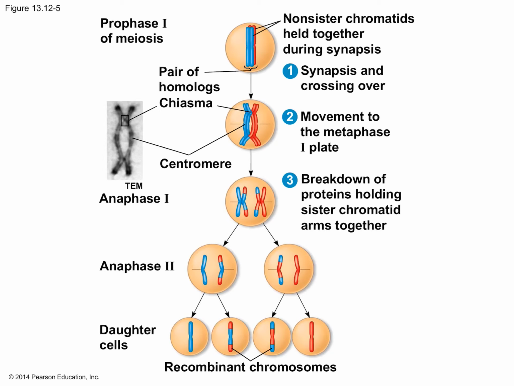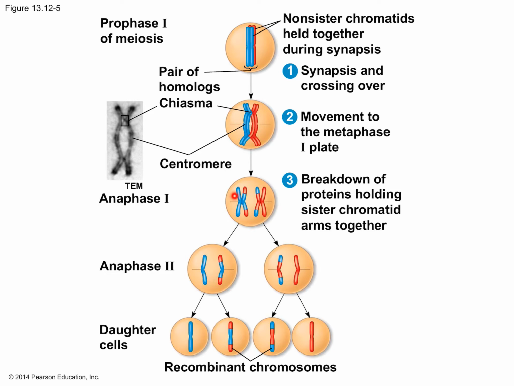This is showing you crossing over. We start off with 2 replicated chromosomes, each consisting of 2 sister chromatids. During synapsis, they line up, and crossing over begins between the 2 innermost chromatids. This is an electron microscope view of chiasmata, actually 2 of them, the crossover points. Once they separate, you can see we have 4 different chromatids.